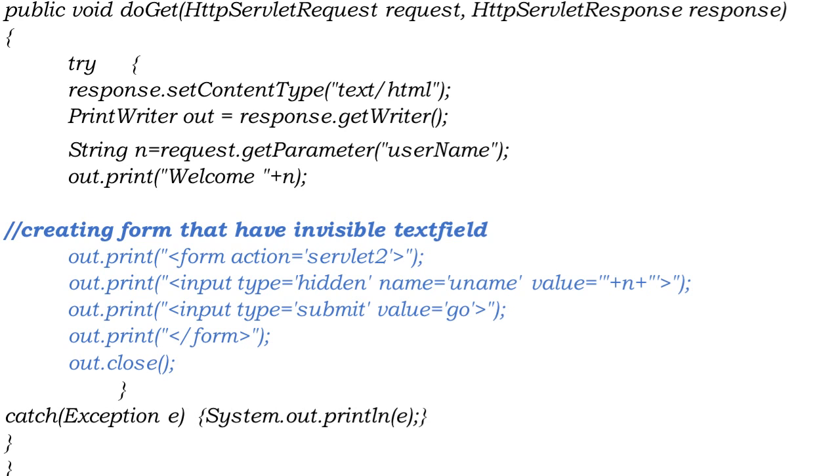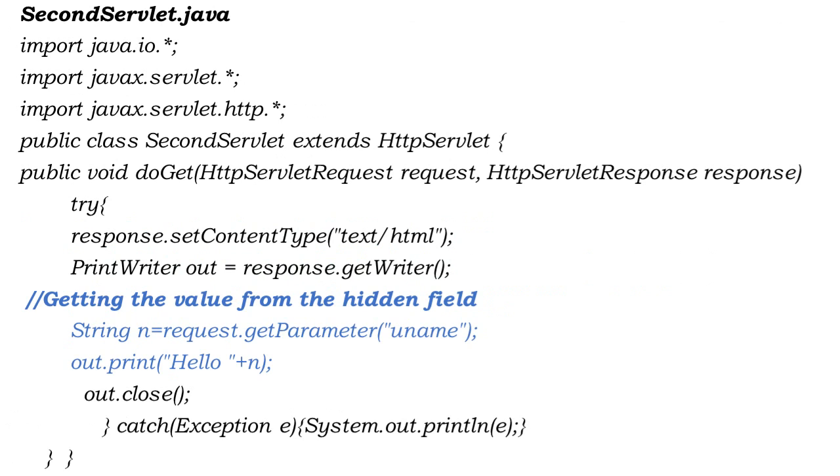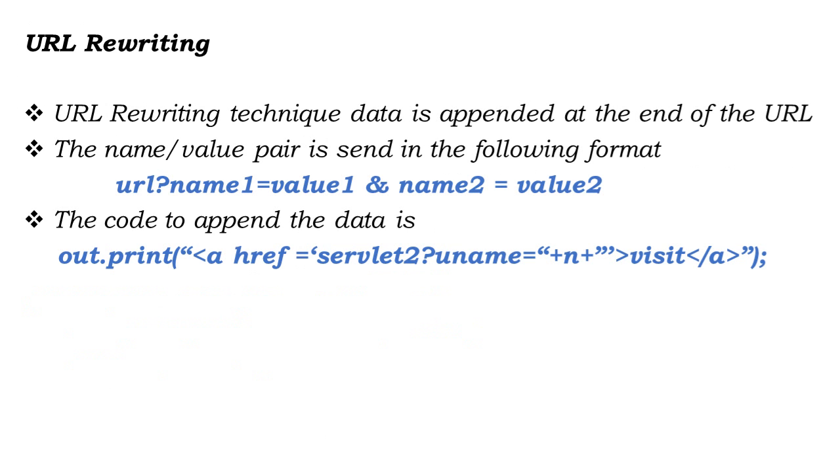This coding is highlighted in this slide. In the second servlet.java, we are getting the value of the username from the hidden field that is stored in the first servlet.